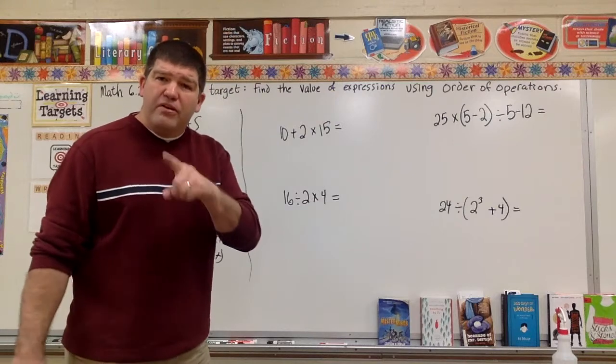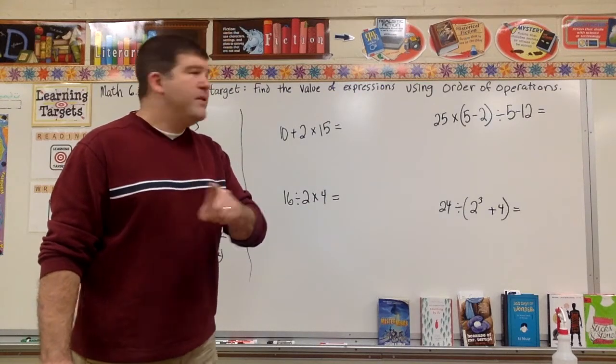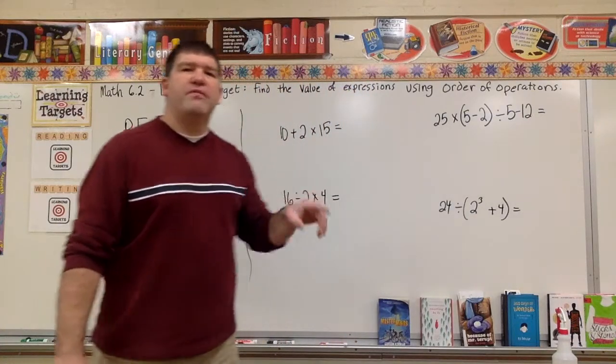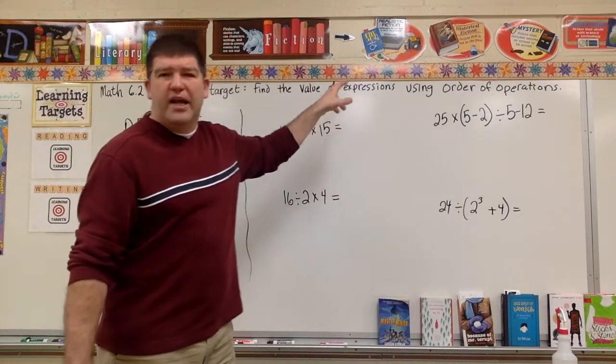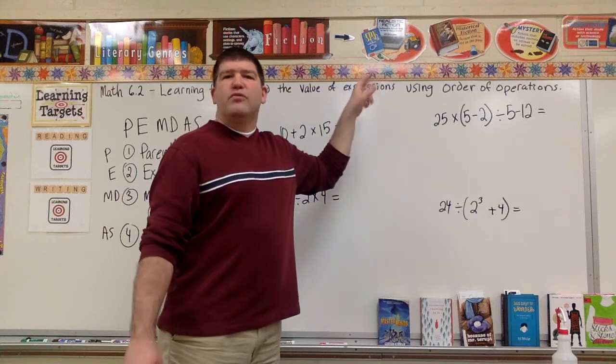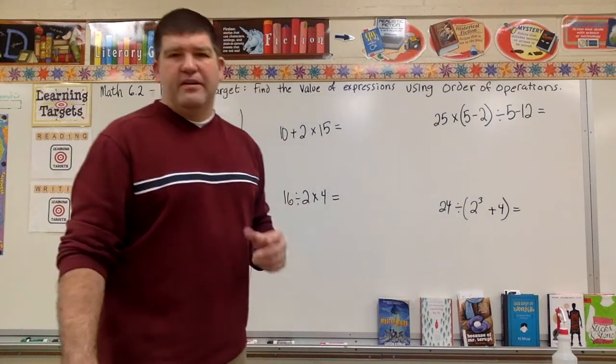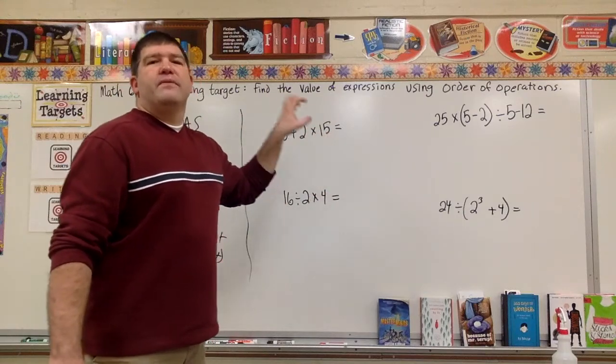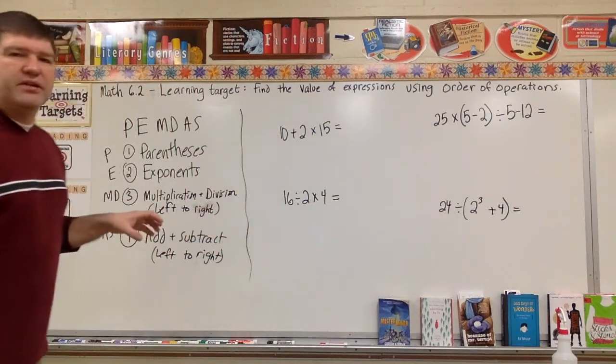To find the value, to find the answer, we need to use the order of operations. The other type of expression is called an algebraic expression, which we'll be getting to a little bit later. So these are all numerical, they're all numbers, and we have to use this order of operations.